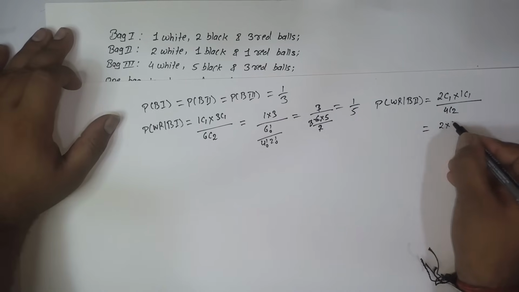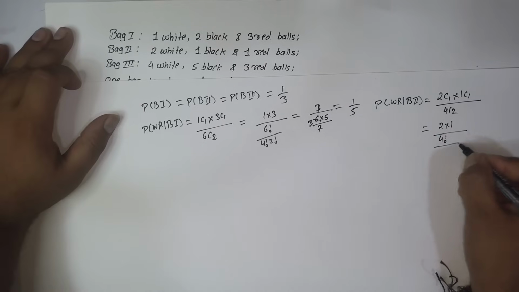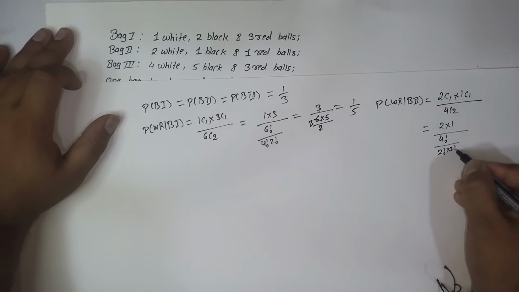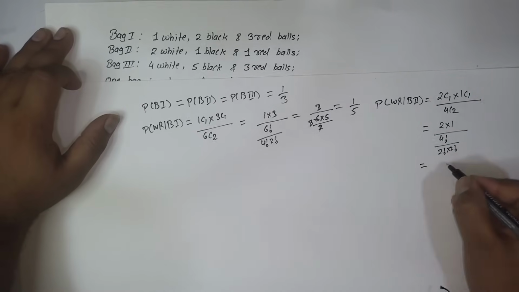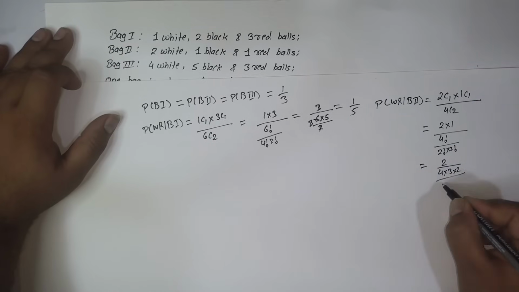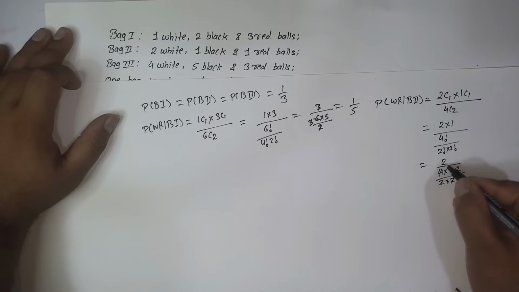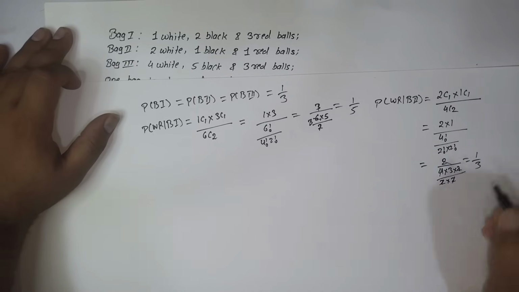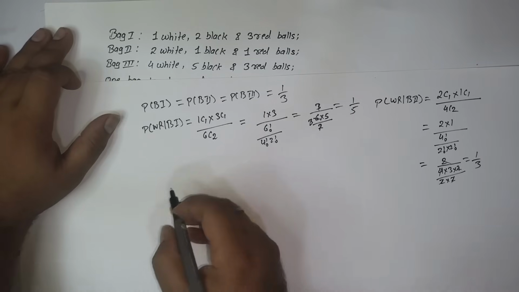So 2 into 1, 4 factorial divided by 2 into 2. So it is like 2, 4 into 3 into 2, 2 into 2. So 1 by 3. So the probability of white and red under bag 2 is 1 by 3.